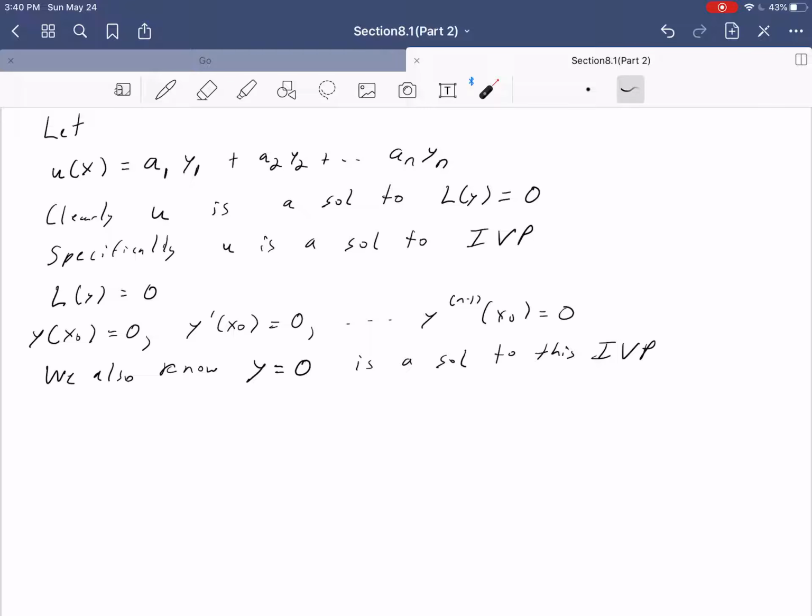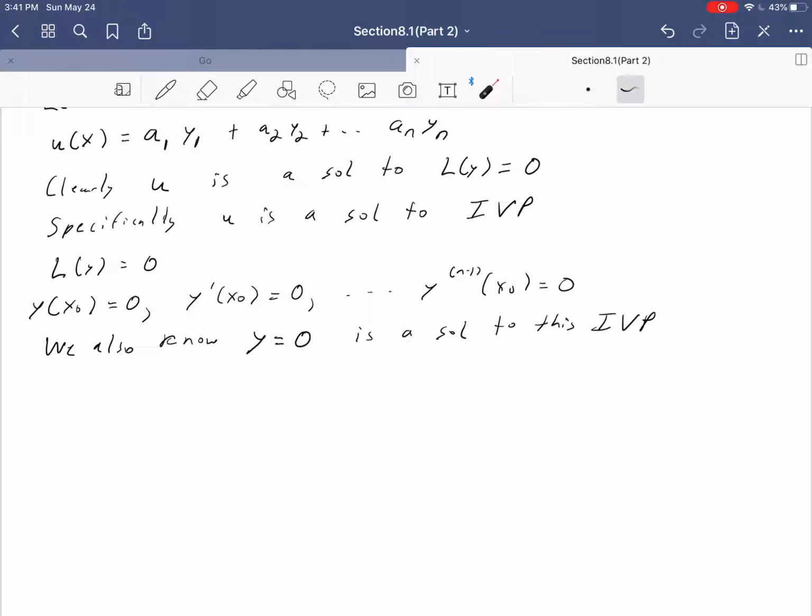So it's definitely a solution to the IVP. But remember, solutions to the IVP for a linear differential equation are guaranteed to be unique. So, by the existence and uniqueness theorem, this u of x must be equivalent to 0, because there's only one unique solution. U equals 0.